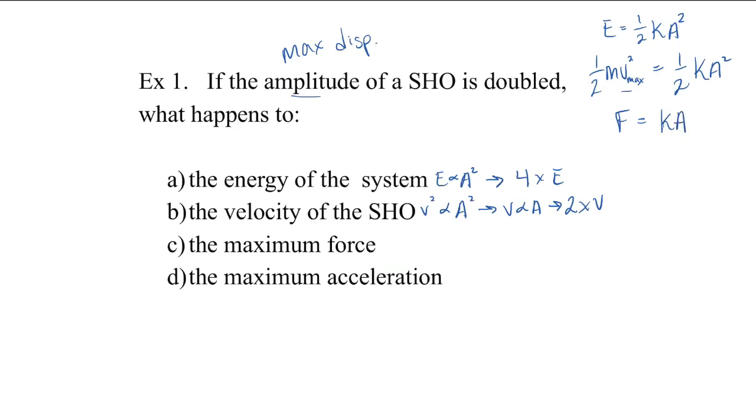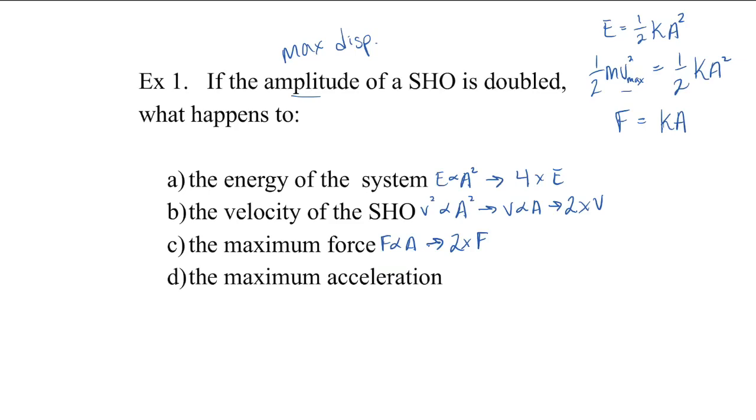And then again, when x is at its maximum, we call that amplitude, A. So force here we see is directly proportional to A, so whatever happens to the amplitude happens to the force, so this means we'd also be doubling the force.